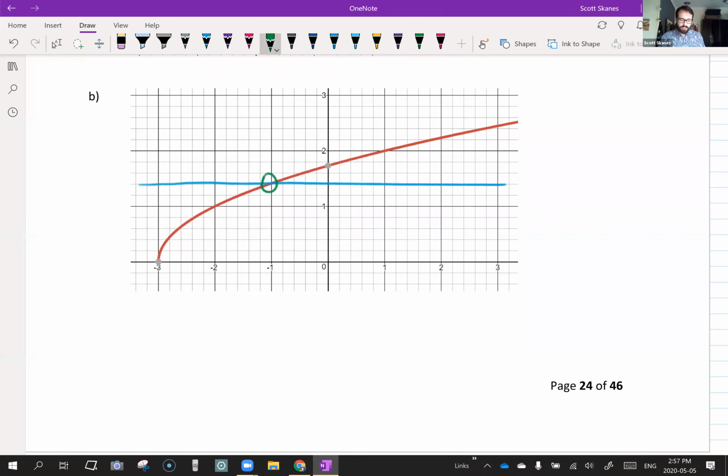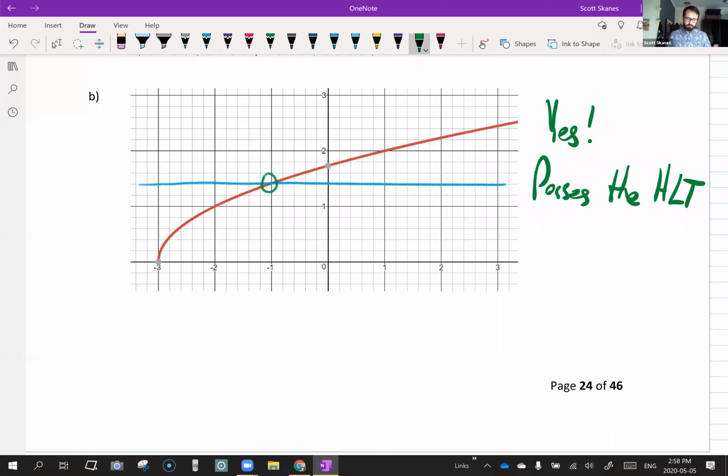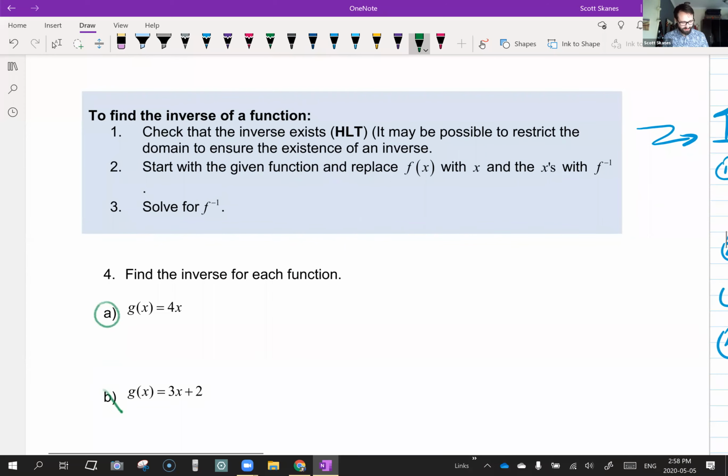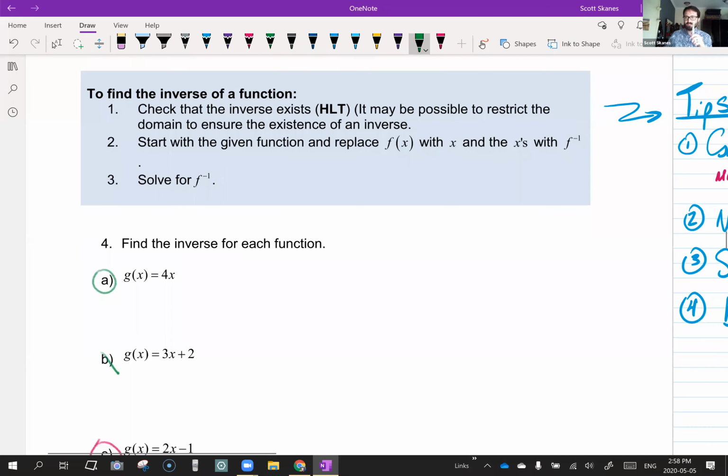So it clearly does have an inverse. Yes, there's an inverse because it passes the horizontal line test. Easy peasy, lemon squeezy, Japanesey. So let's do something a little bit trickier, which is having to restrict this function.